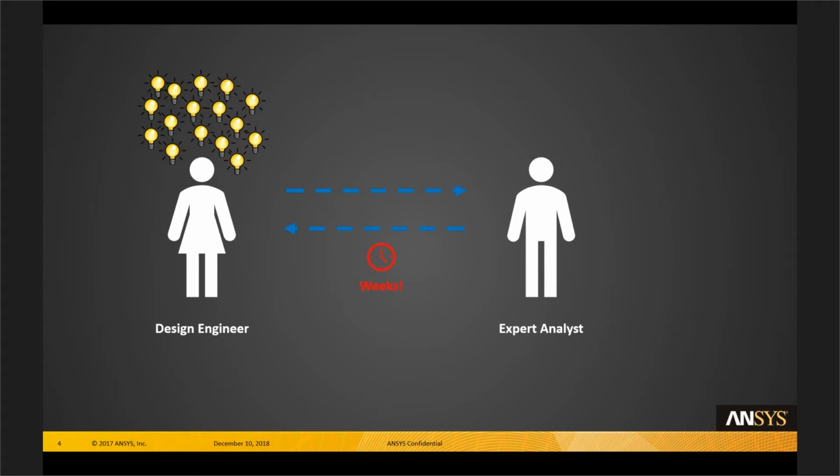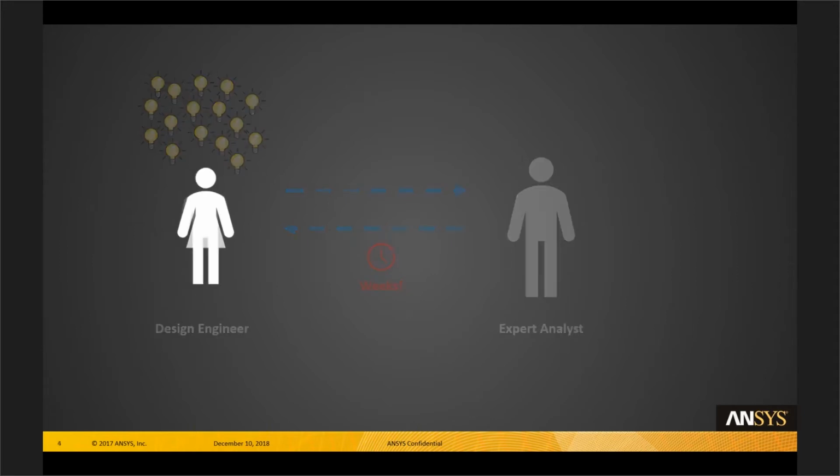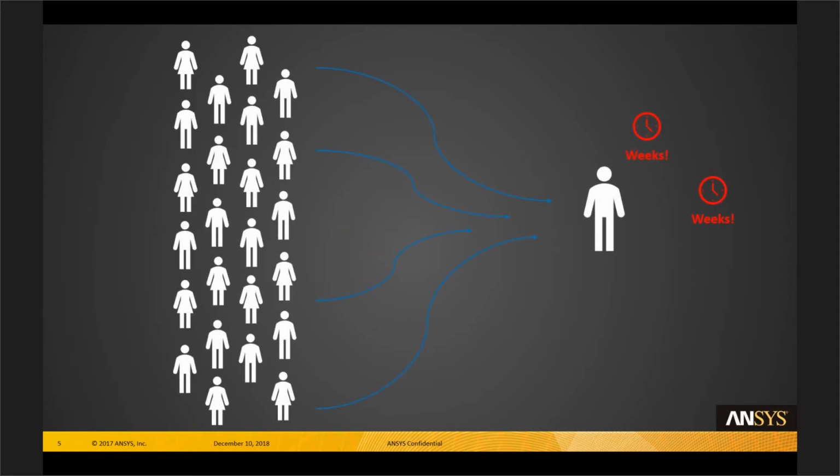And if she has to do this for every single idea, it might take weeks to use traditional simulation to evaluate all those designs, which of course is not ideal. Now, if you consider that this design engineer is just one out of many, the potential slowdown in the product development cycle is quite significant, right? So this is something that we're trying to address with the Discovery technology.